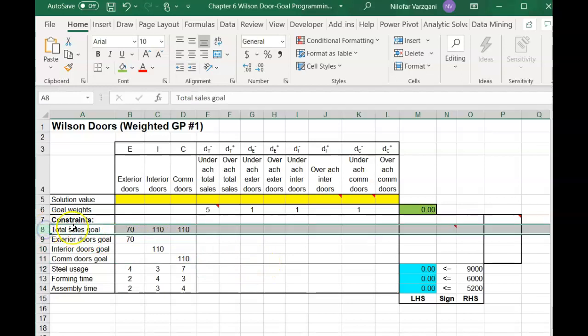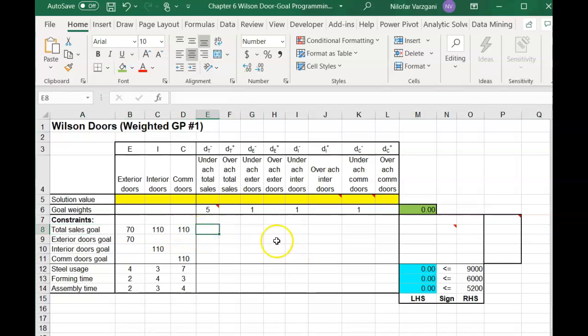The first goal is our total sales goal. So total sales is 70E plus 110I plus 110C. These are the selling prices taken from the input table that was given to us. Since DT positive and DT negative are the only 2 deviation variables which are associated with this goal, we're going to add coefficients for these into our model.